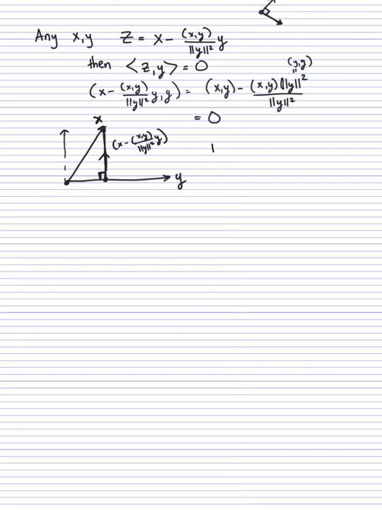And in general, you can think of the Cauchy-Schwarz inequality as measuring how orthogonal x and y are.